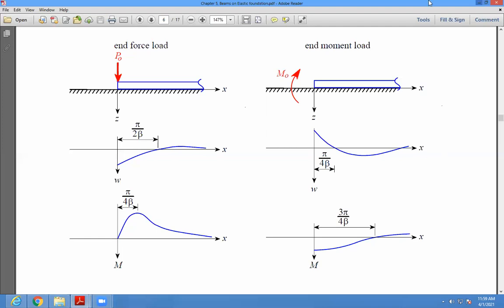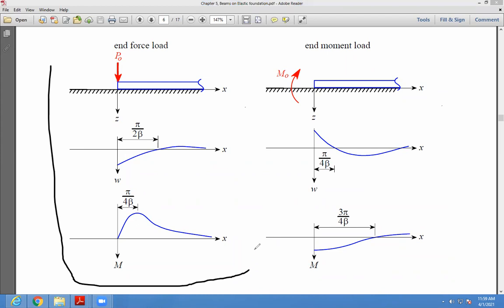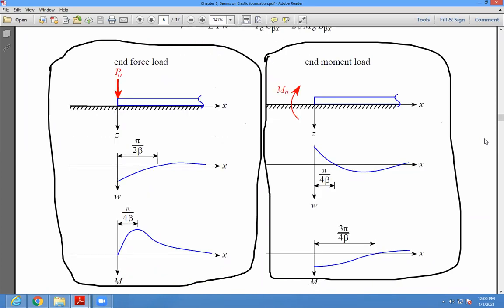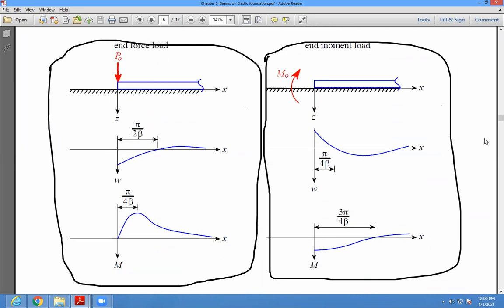So please draw these diagrams for deflection and moment due to the end force and due to the end moment. The deflection curve and the moment curve.